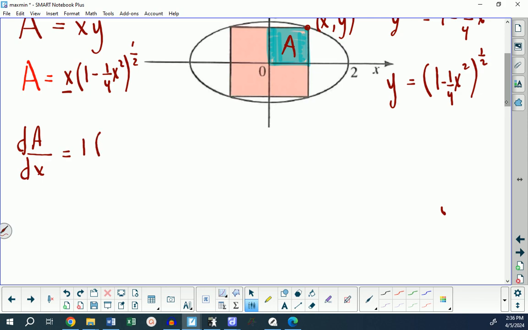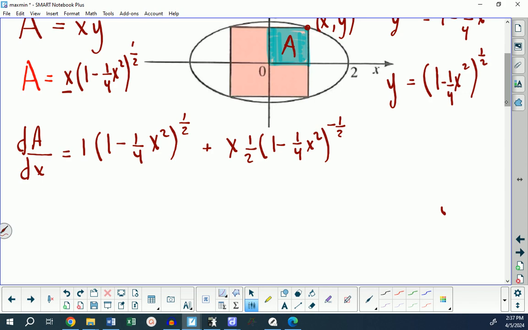So derivative of the first times the second, plus the first times the derivative of the second, which is that.